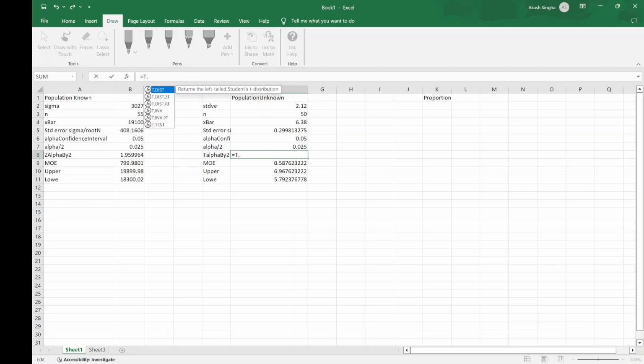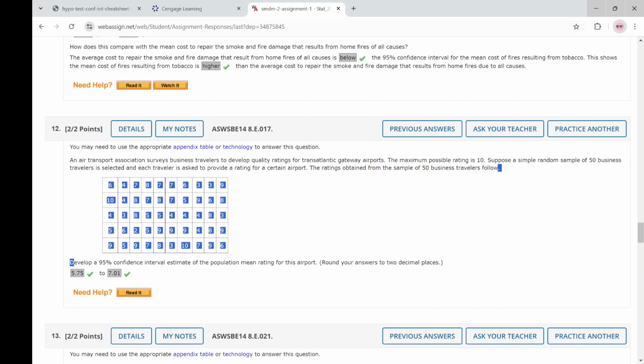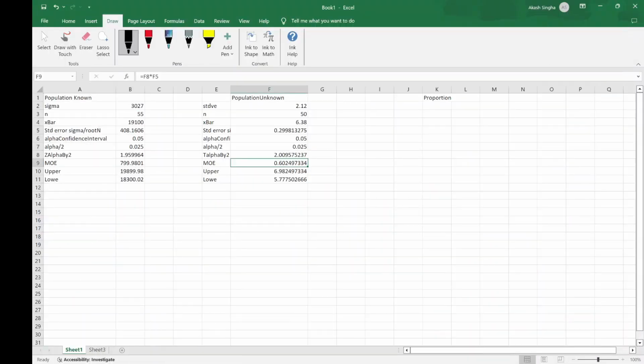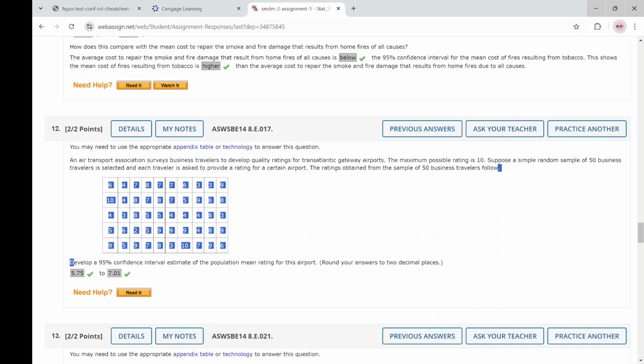Now t alpha by 2, how we will calculate is t dot inverse, because it's a probability. Probability will be 1 minus this, comma, degree of freedom will be n minus 1. Now you'll have upper and lower, that is I think required 5.75 to 6.98.